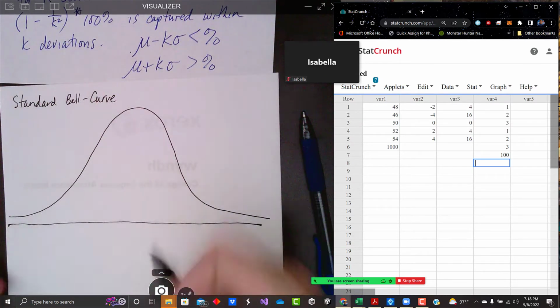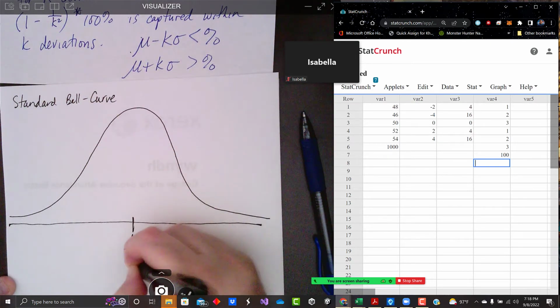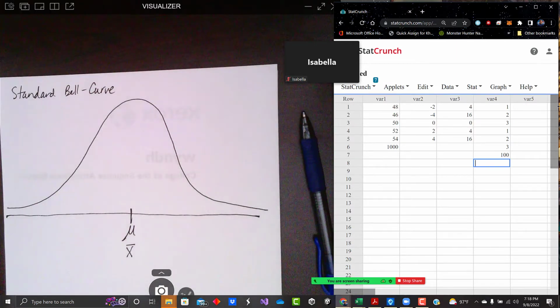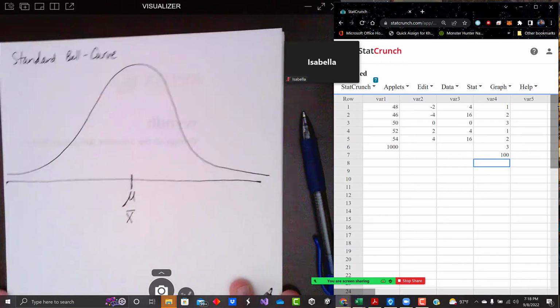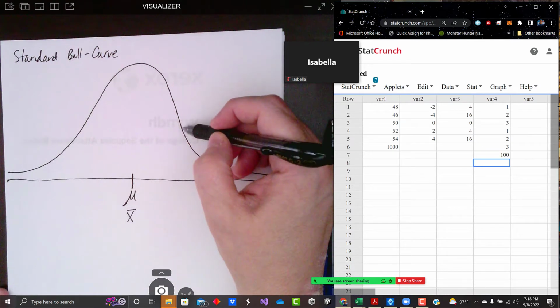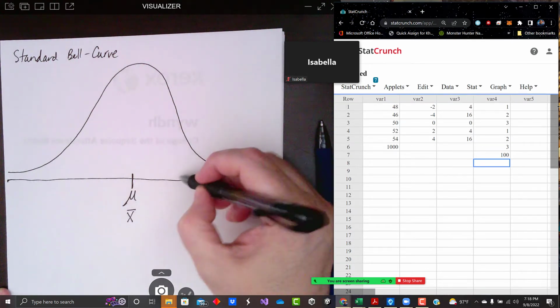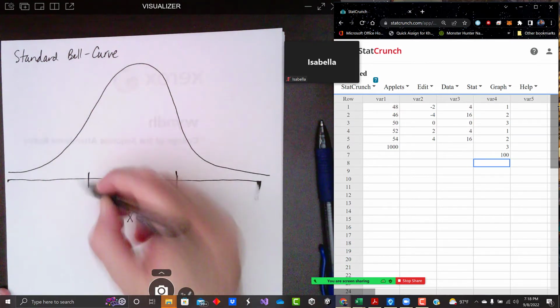In the center, we have our mean, or X bar, sample or population. Then we put 3 marks in either direction. The first mark goes where the hill's almost halfway gone, and it should be the same distance each direction.